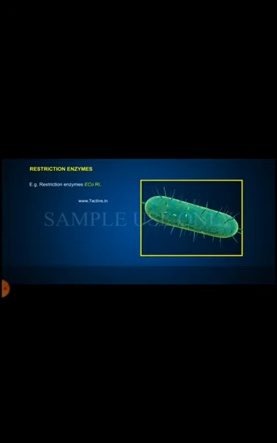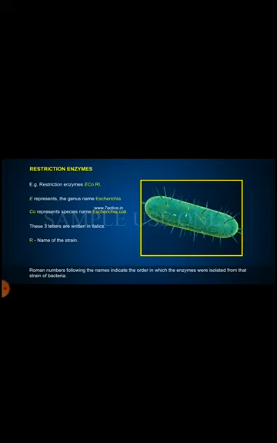Example, restriction enzyme EcoRI. E represents the genus name Escherichia. Co represents the species name coli. These three letters are written in italics. R is the name of the strain. Roman numbers following the names indicate the order in which the enzymes were isolated from that strain of bacteria.